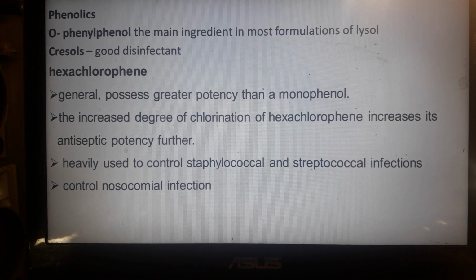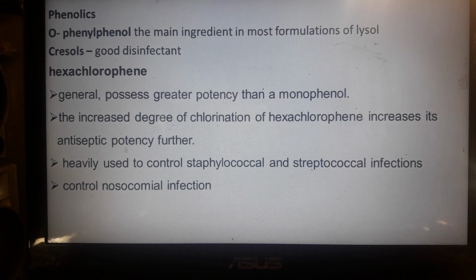Hexachlorophene generally possesses greater potency than monophenol. Why? Hexachlorophene, based on structure, contains 2 phenyl groups and 6 chlorine ions or chloride ions, which play an important role in antibacterial or antimicrobial activity. The increased degree of chlorination of hexachlorophene increases its antiseptic potency further.